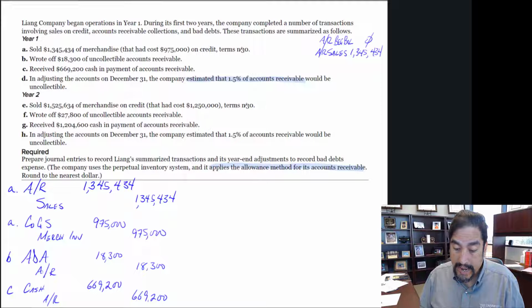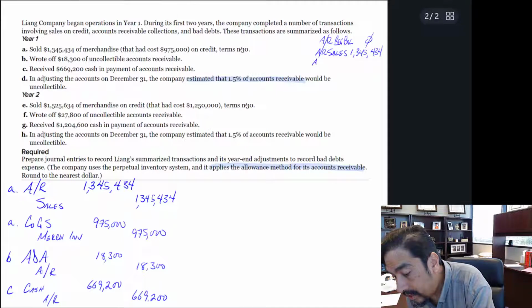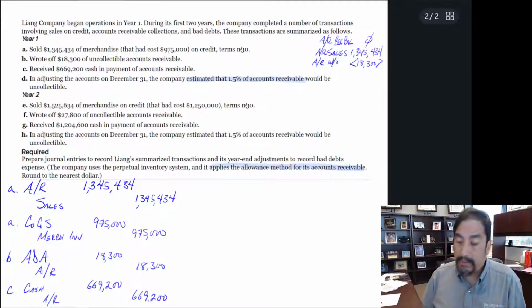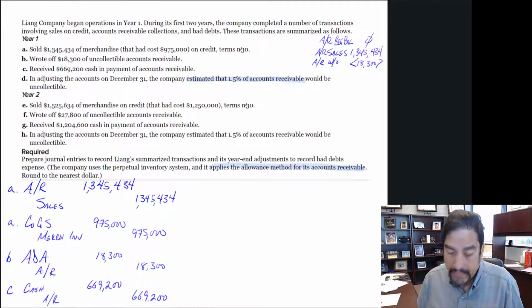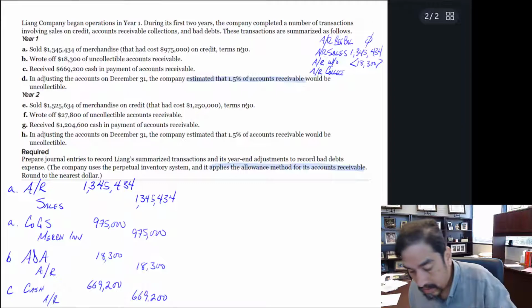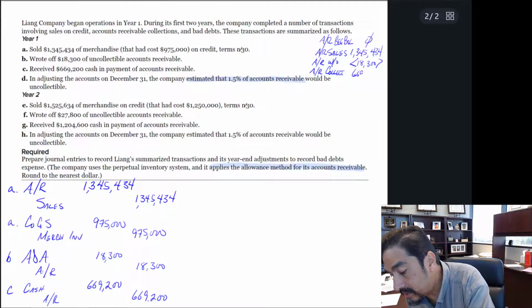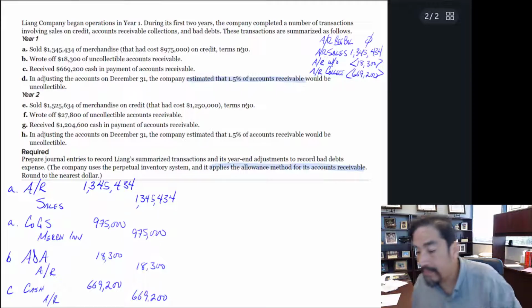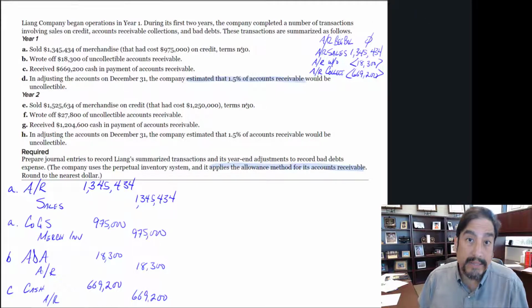I'm just looking for every time I hit accounts receivable. And in B, we had a write-off, an accounts receivable write-off for $18,300. That's a reduction to accounts receivable. And in C, we had a collection, accounts receivable collection of 669,200, and that's also a subtraction because it's a collection.